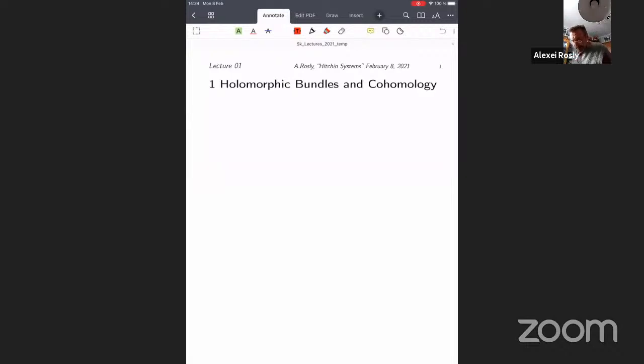Can you see this, the heading of the lecture? Yes. All right, we start. So the first section will be called the same way, almost holomorphic vector bundles.